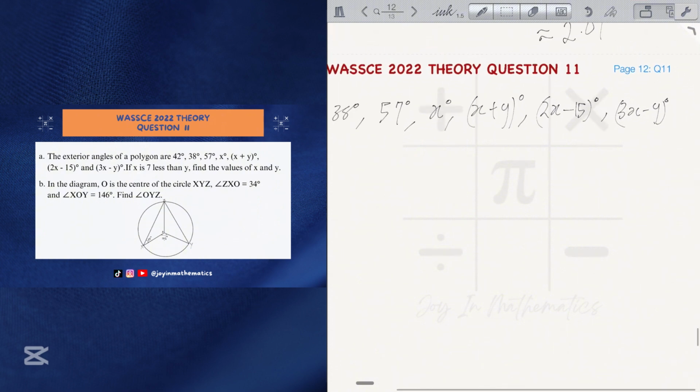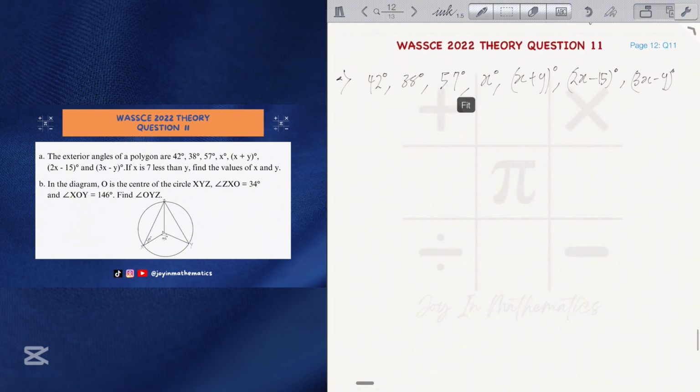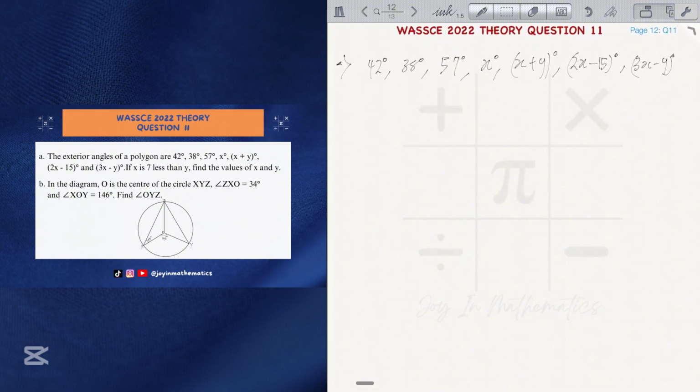We are given a condition that x is 7 less than y, so that means if we subtract x from y, we'll have 7 degrees. We should find the values of x and y.